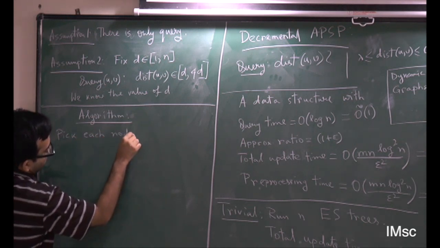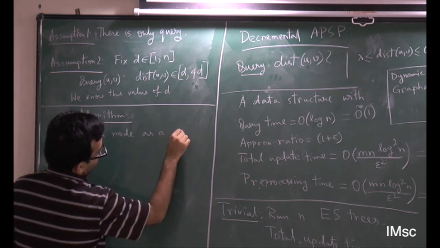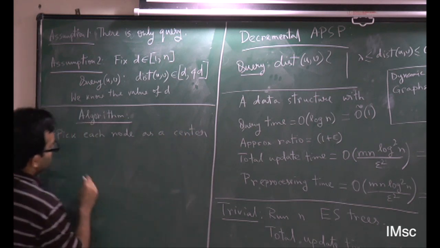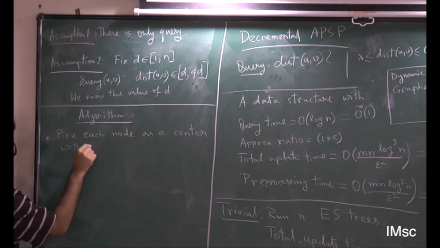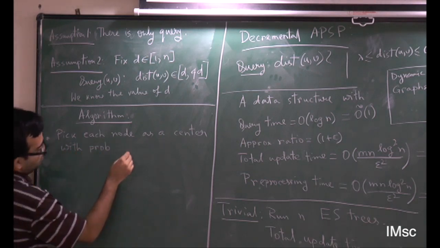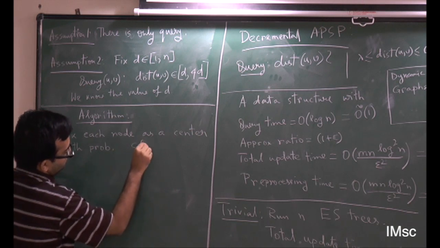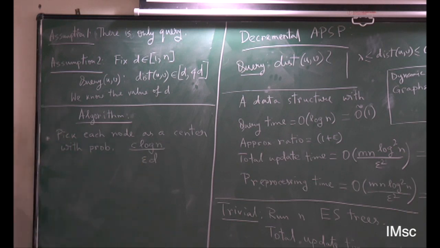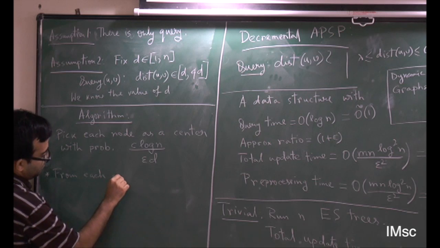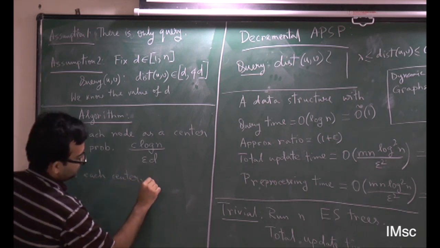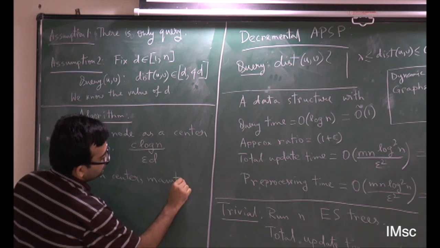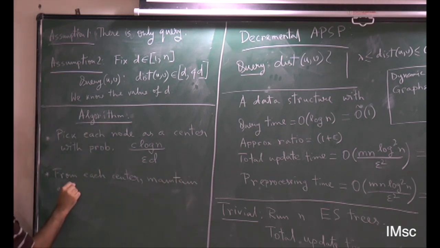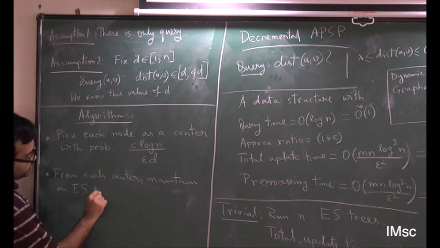Pick each node as a center with probability C log n by epsilon d, and from each center maintain an Even-Shiloach tree.